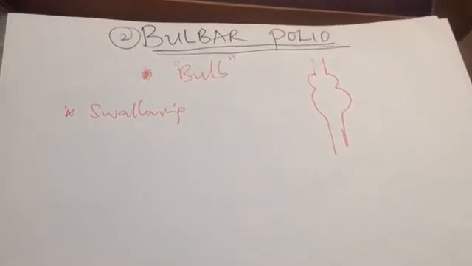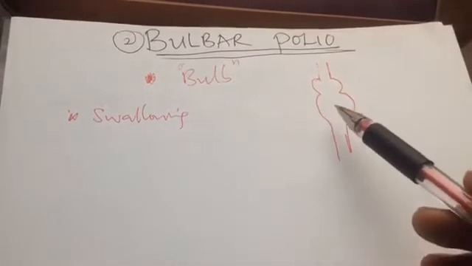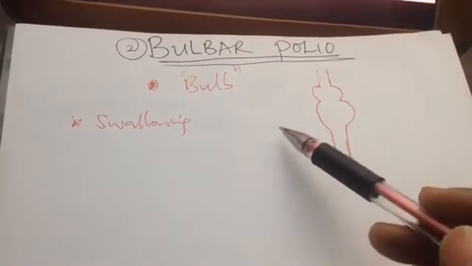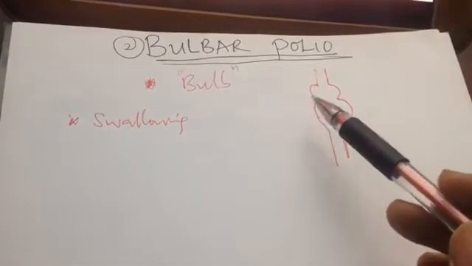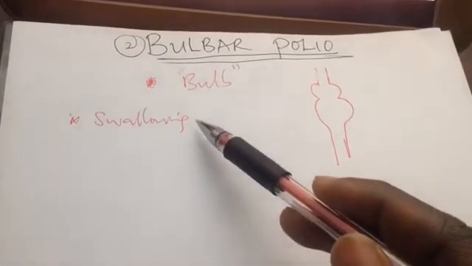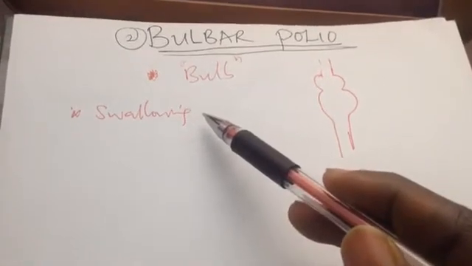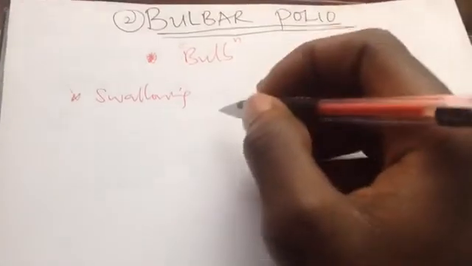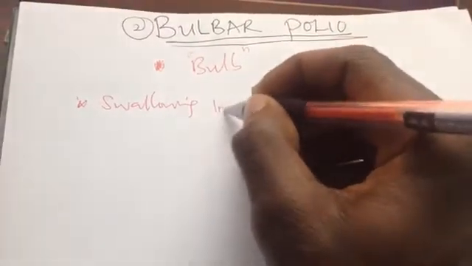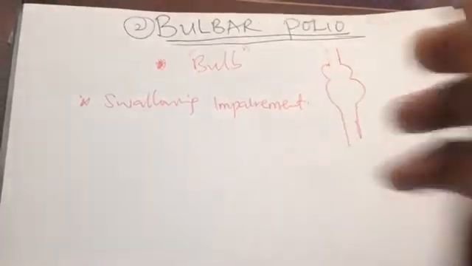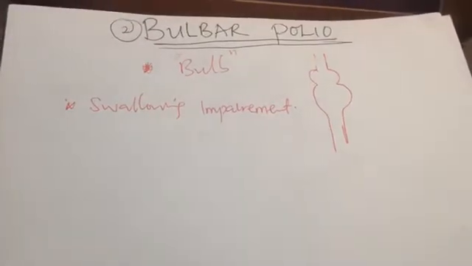In swallowing. So if the medulla oblongata is damaged, the nucleus of the glossopharyngeal nerve will also be damaged. So if the glossopharyngeal nerve is damaged, then definitely the swallowing reflex will be impaired. The consequence of swallowing impairment is that you cannot swallow even saliva.